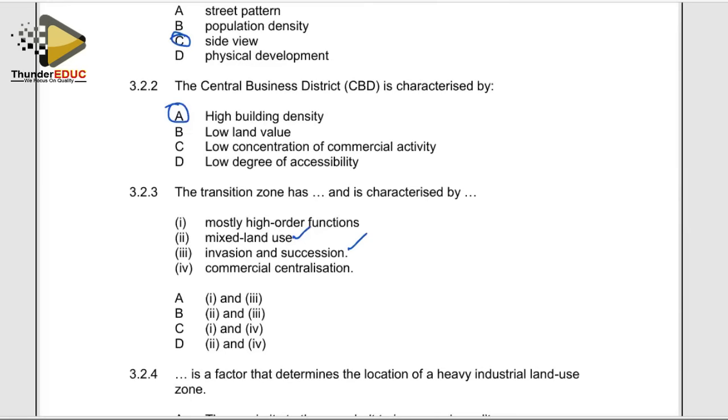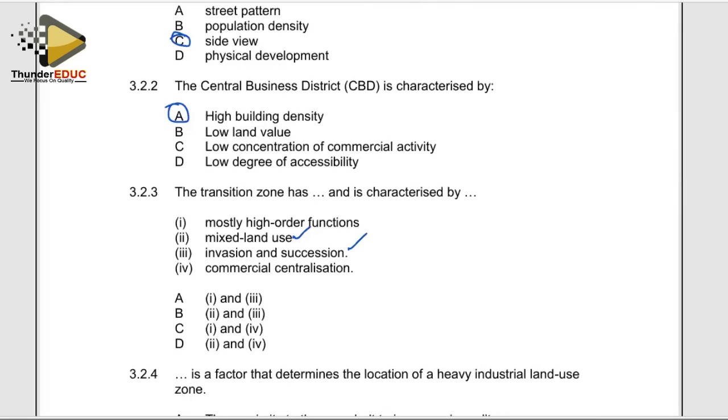If the CBD is extending outward, it automatically means that commercial purposes are more profitable than residential purposes. The owner of the house will even opt to sell off the house for commercial purposes than for residential purposes. So it means the residential function has been invaded and now has been succeeded by a commercial function. That is invasion and succession.